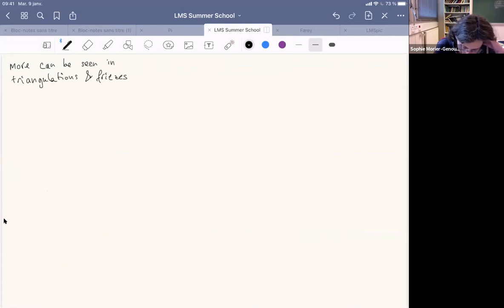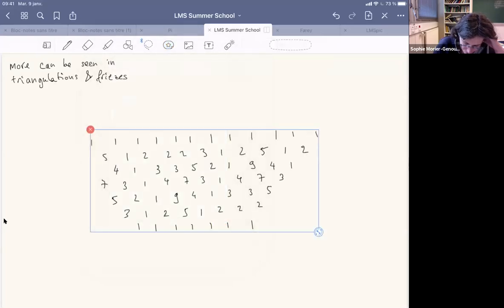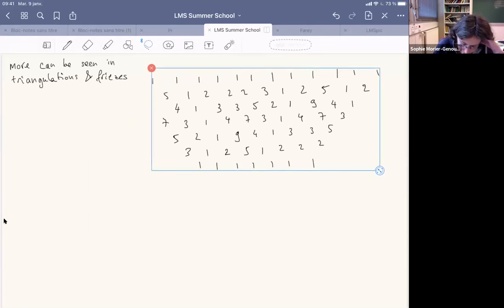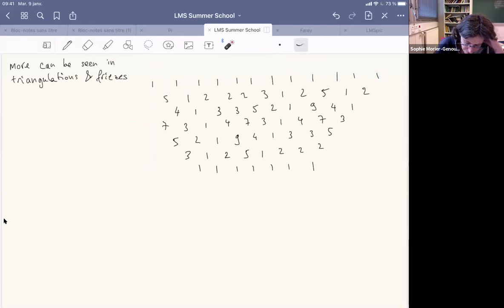To make it faster, I have prepared a frieze, this one. So let's have a look at this frieze. It has 1, 2, 3, 4, 5 rows. So it is associated with the octagon, a triangulation of an octagon.